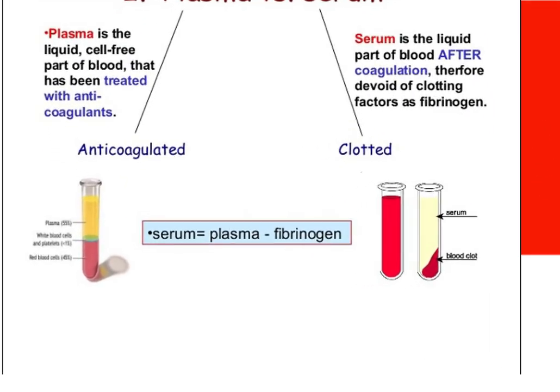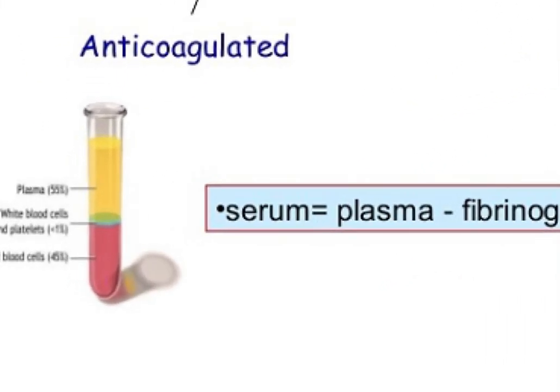I do want to talk about this right here. This little portion right here, when this is a whole blood specimen, okay? Whole blood. It did not clot. When we put it in the centrifuge, it spun it down. Here's the red blood cells, all right?